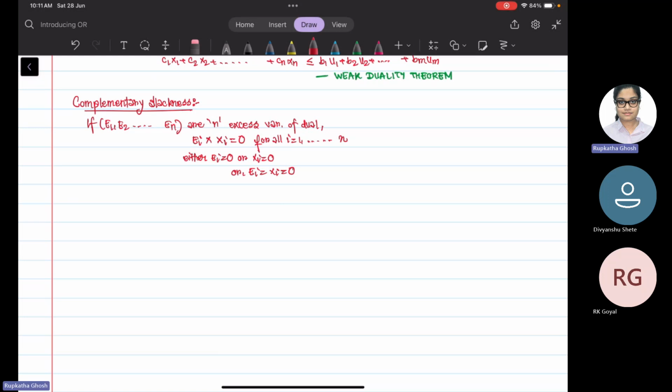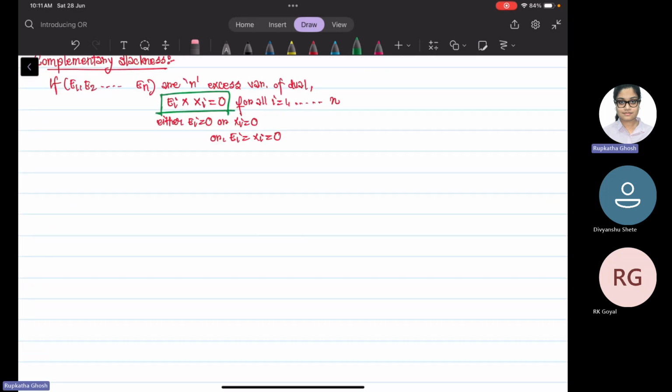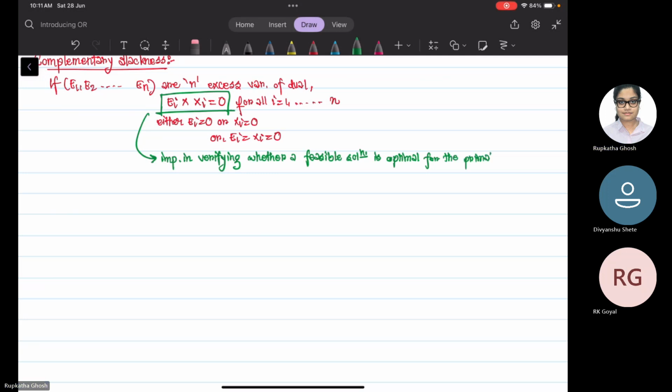Now, one example which I can give you is, this property is very important. This is a very talked about property. It is important in verifying whether a feasible solution is optimal for the primal problem or not.